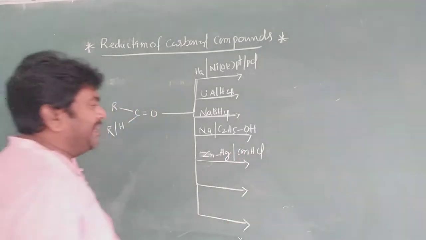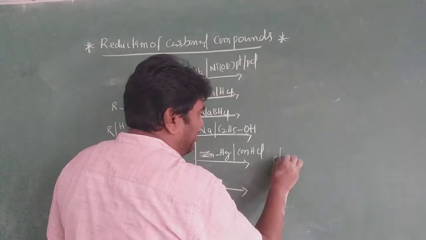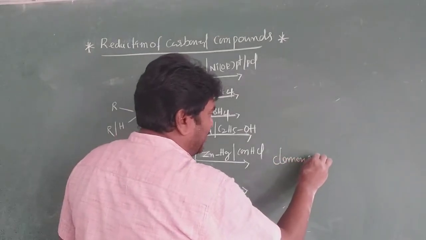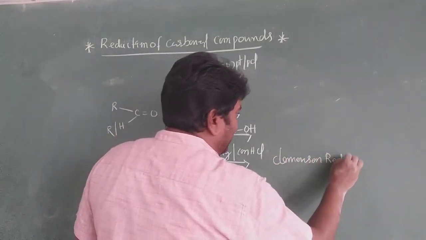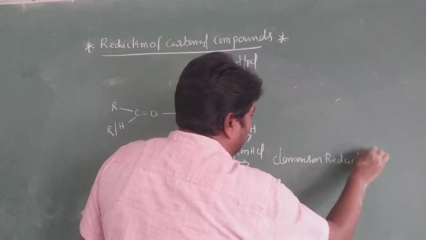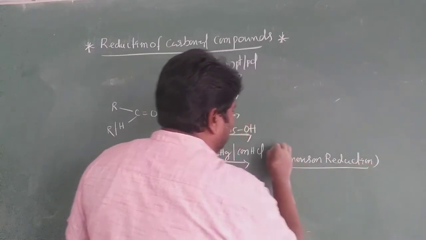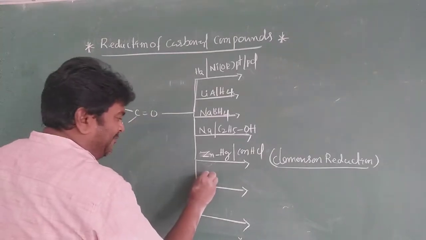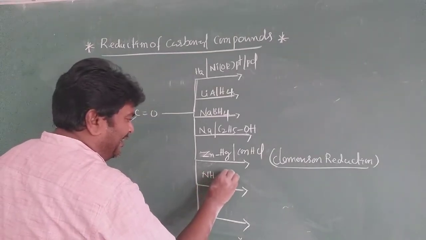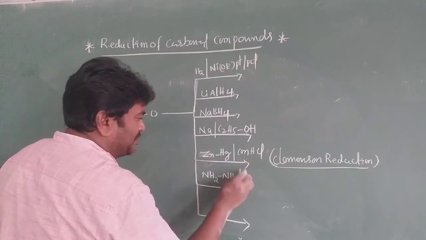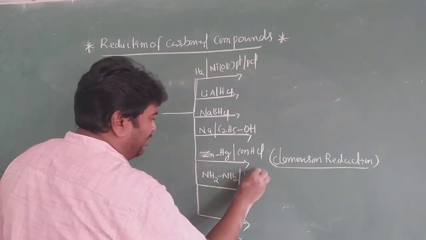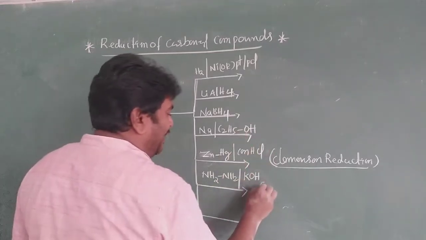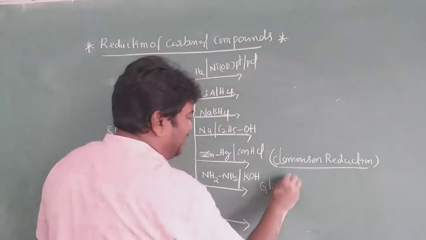This is also called the Clemmensen reduction. Named reactions are very important, my dear students. Next one, hydrazine, NH2-NH2, in presence of a base, KOH in glycol.